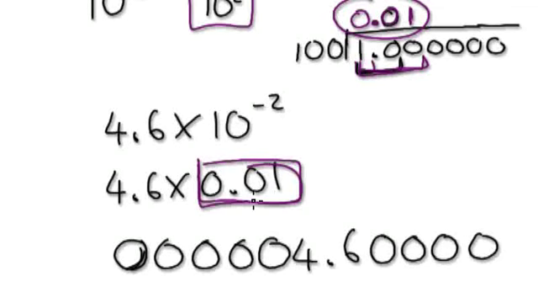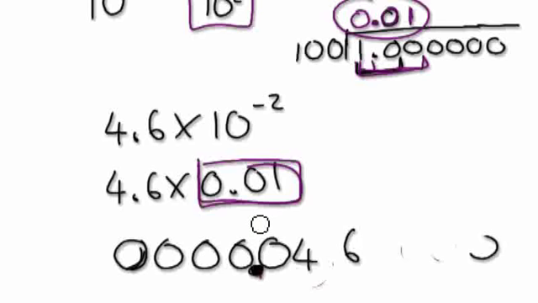Now, if you're timesing by 0.01, what you're actually doing is moving it 2 decimal places, 1, 2, in the other direction. So here, the decimal would be here. Let me remove this. Any zeros after this would go.